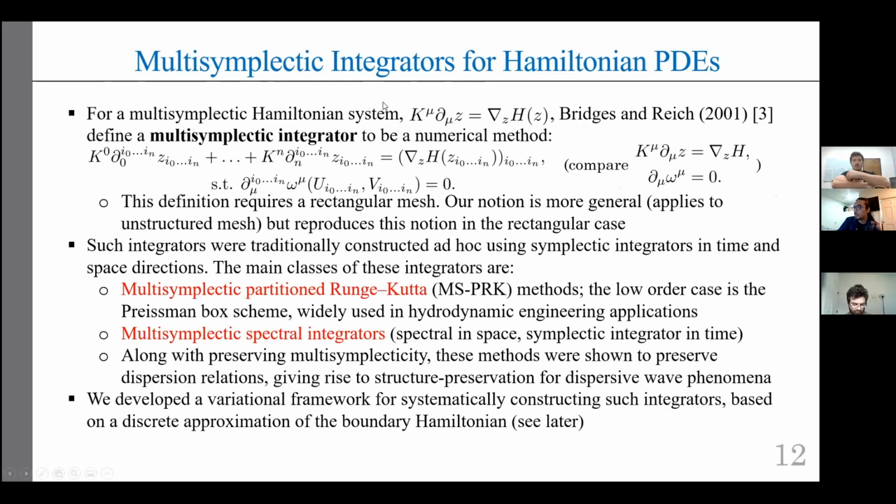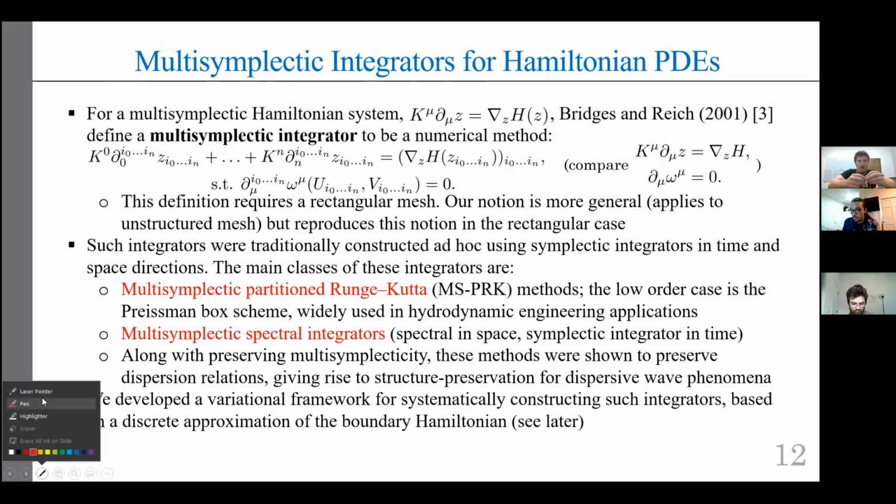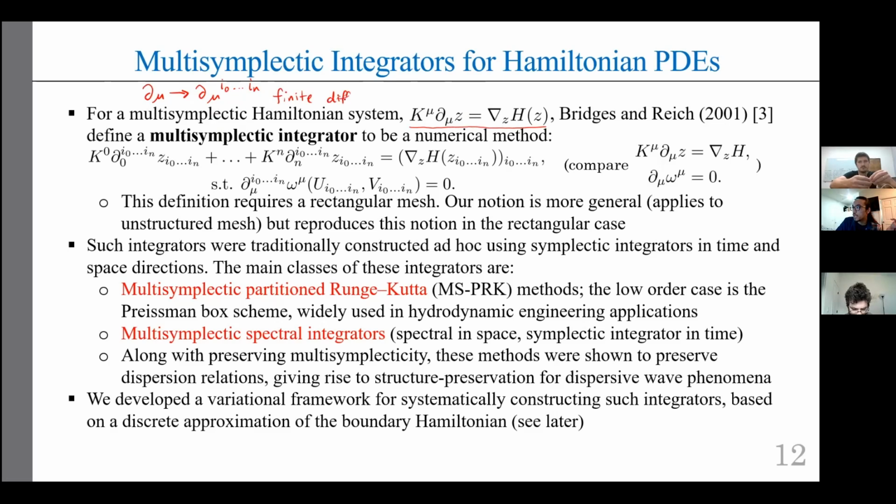When you discretize the Hamiltonian system using some numerical method, how do you do that? You replace partial mu by some finite difference operators. Here the indices I0 to IN describe the lattice that you've discretized your space-time region on. Assuming you do this, you get some numerical method, which is given here.